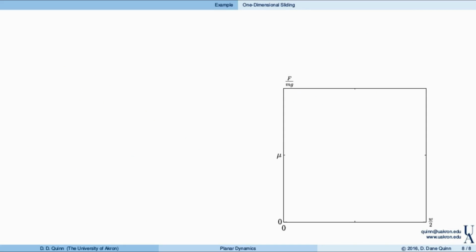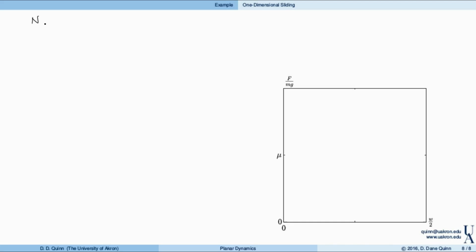Okay, so we've done the case where d minus h was positive, but what happens if the force is applied below the mass center of the block? That's actually a little more complicated because now either N1 or N2 could vanish. So recall what those look like.